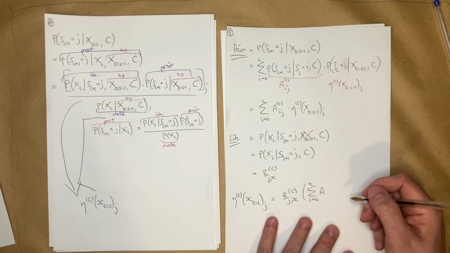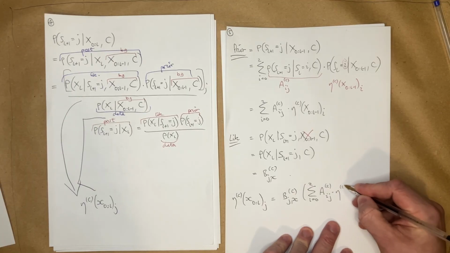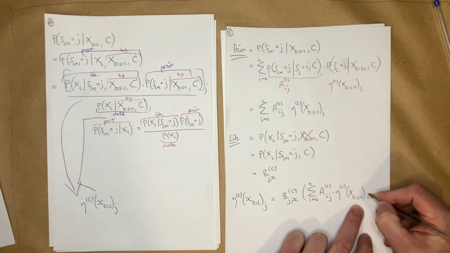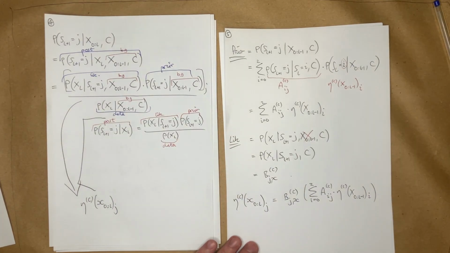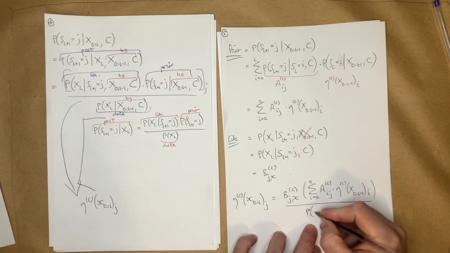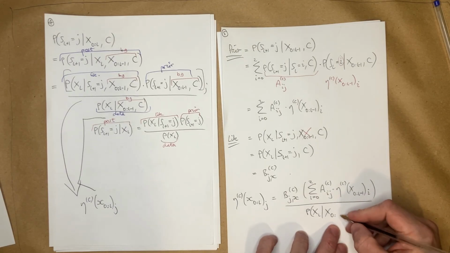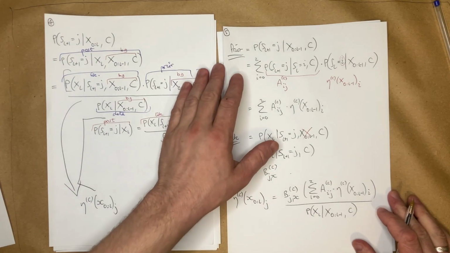So it's the summation over index I, matrix A, times eta of C, using the tokens up to L minus 1. And again, we'll just need to divide by the numerator. So I'm just going to write it in the lazy form, basically. I'm not going to expand it out just yet. But that's our form.